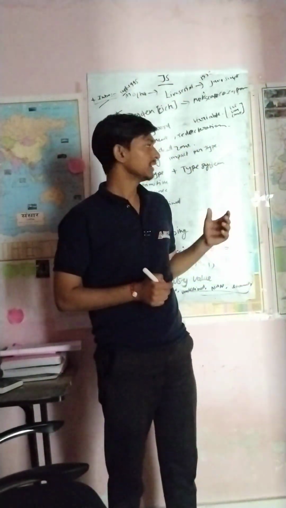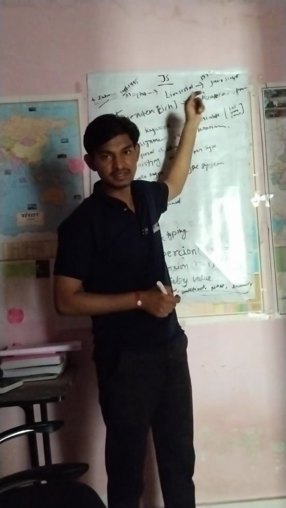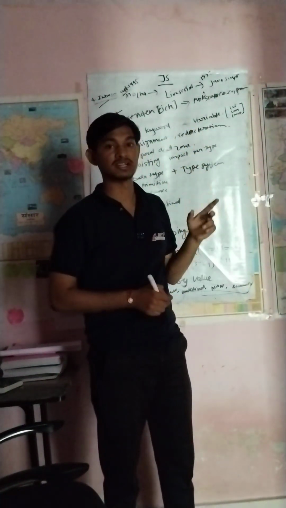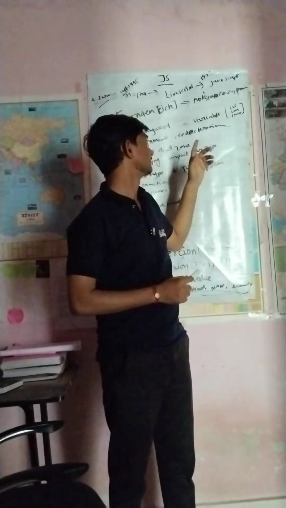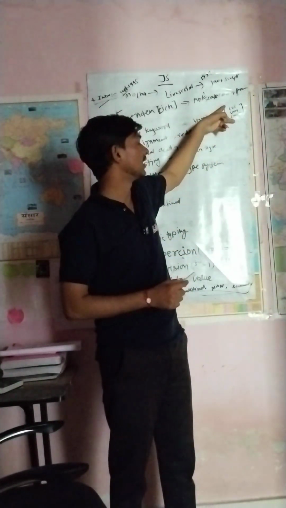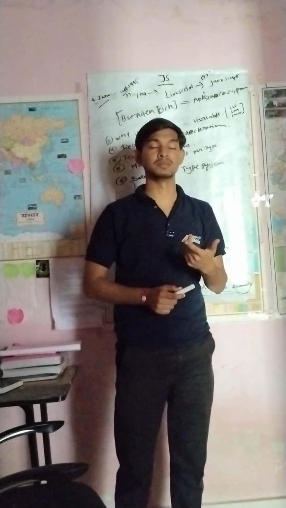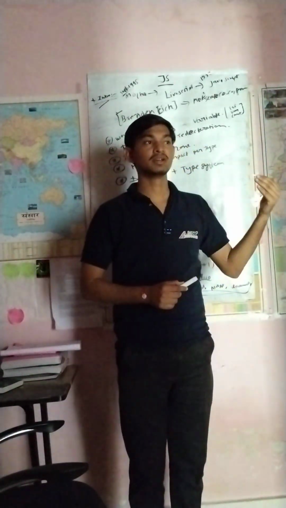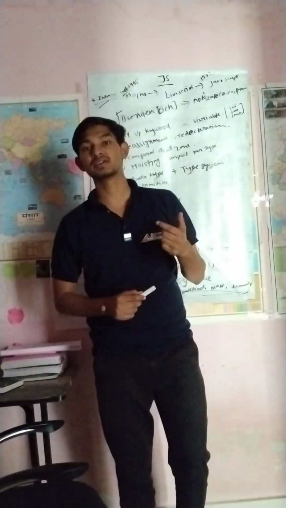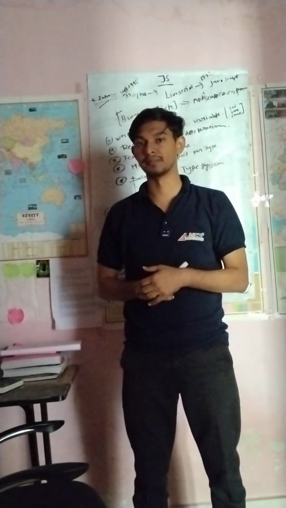Basically these are the three kinds of variable in JavaScript. But these two terms also come up, global variable and local variable. What is the meaning of global variable and local variable?